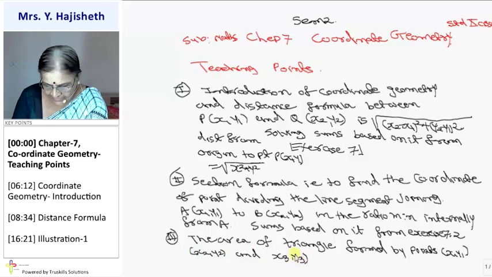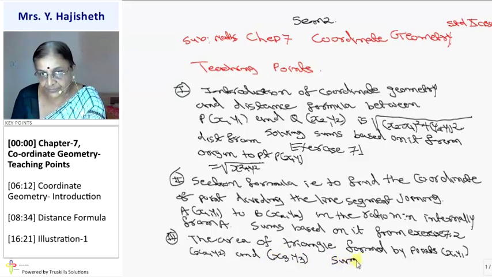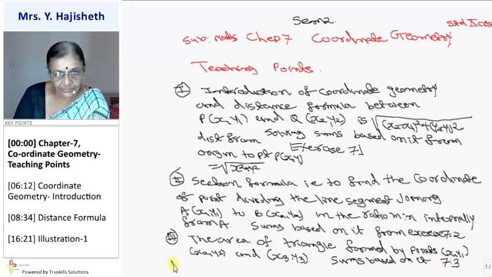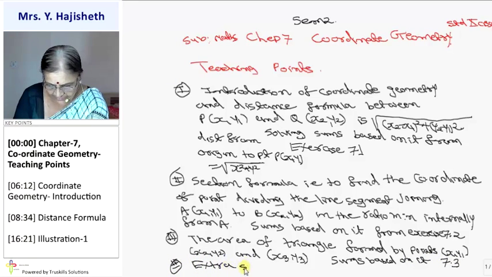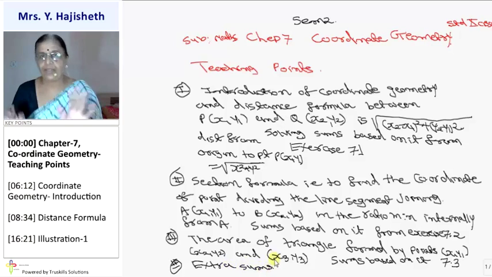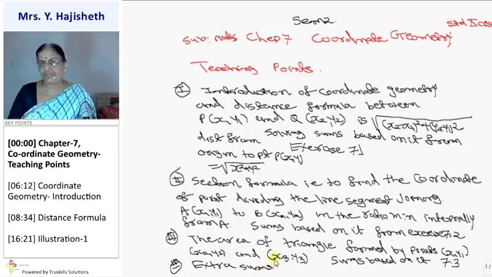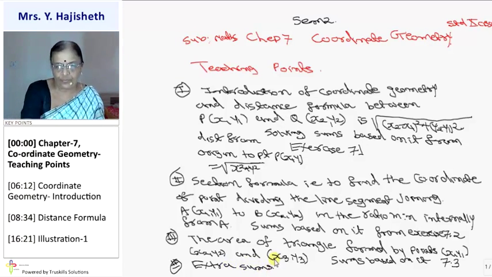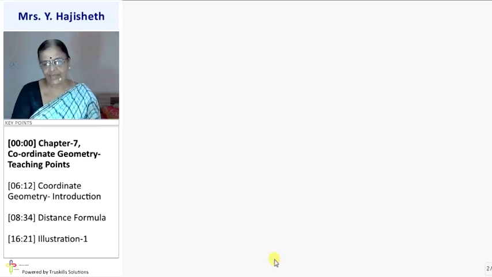These are the three vertices of the triangle, and sums based on it from exercise 7.3. And fourth point is extra sums. Okay? And that completes the topic. So the topic is divided into 4 parts, including extra sums.